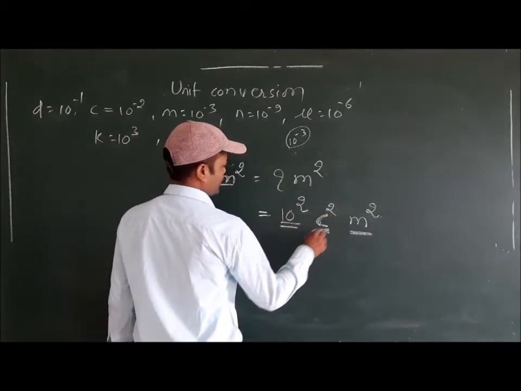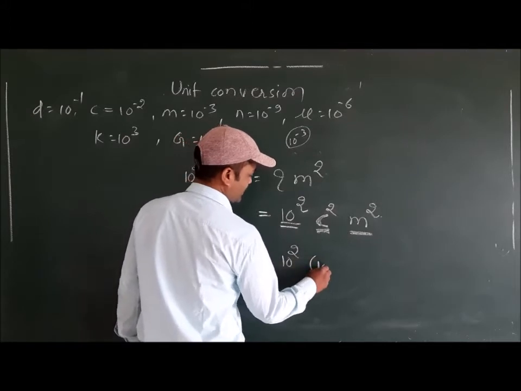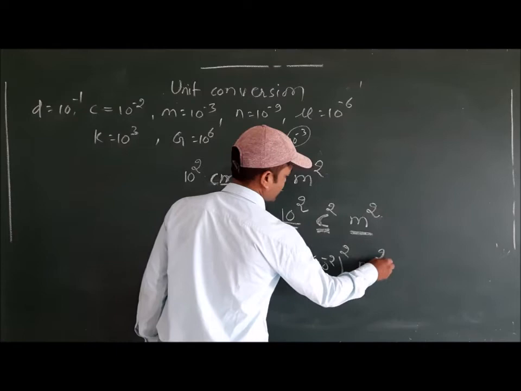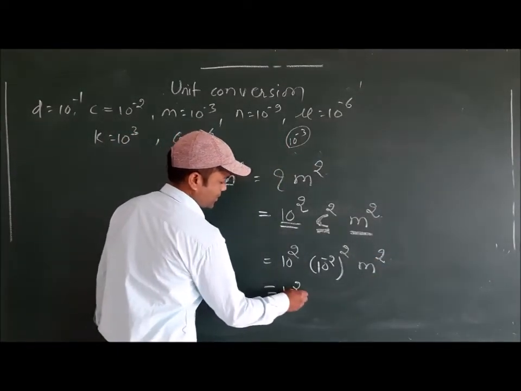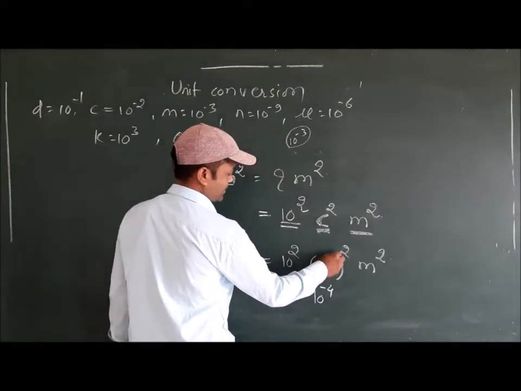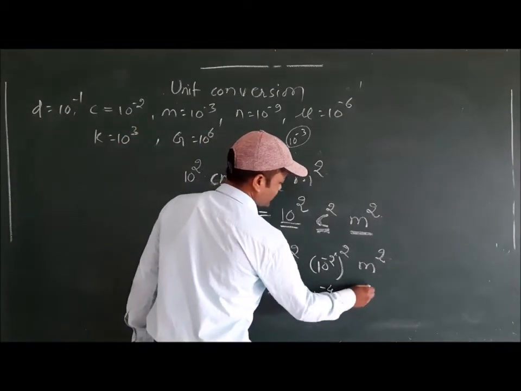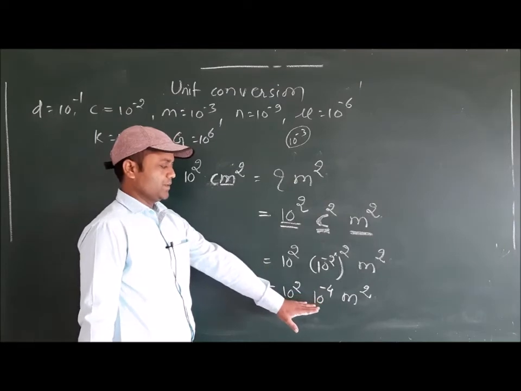What is the value of centi? 10 to the power minus 2. So I write 10 to the power minus 2 square. Centi square means 10 to the power minus 2 square. Then 10 to the power 2 into 10 to the power minus 4 centi square. We multiply this with this. 10 to the power minus 4 meter square. So centimeter square is converted into meter square.